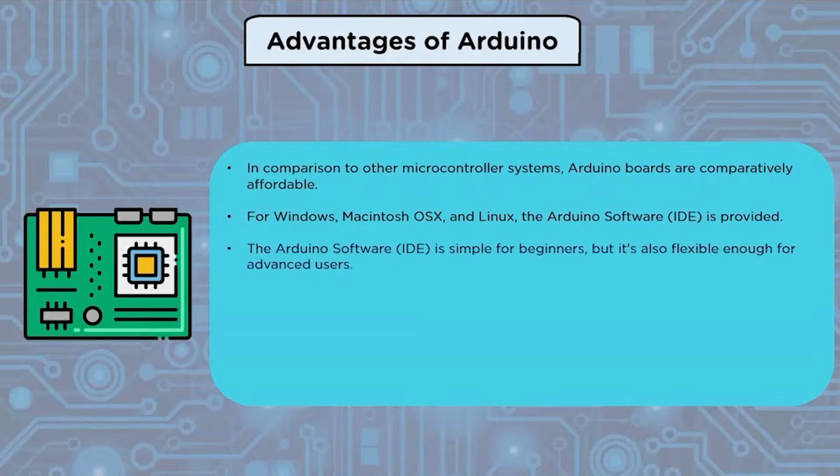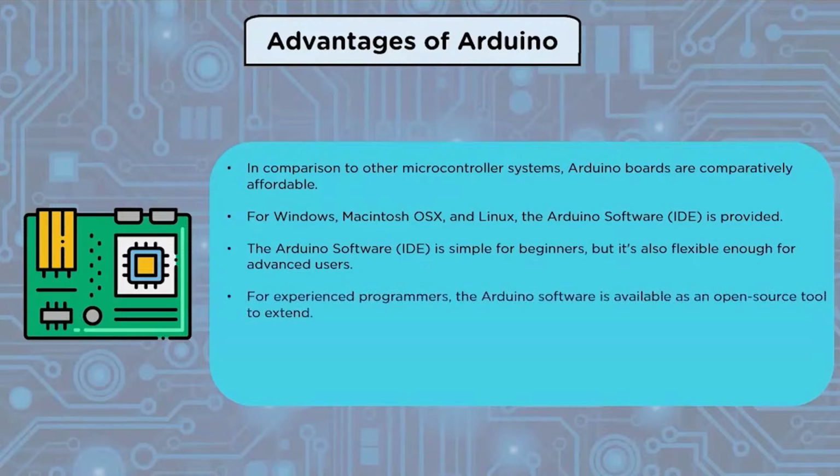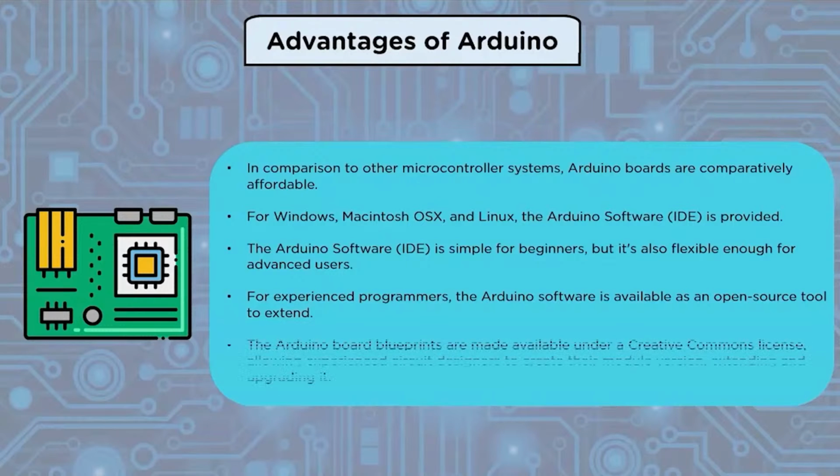The Arduino software is simple for beginners, but it's also flexible enough for advanced users. For experienced programmers, the Arduino software is available as an open source tool to extend. People who want to learn more about the language can use C++ libraries, and those who want to learn more about technical specifics can switch from Arduino to the AVR C programming language.